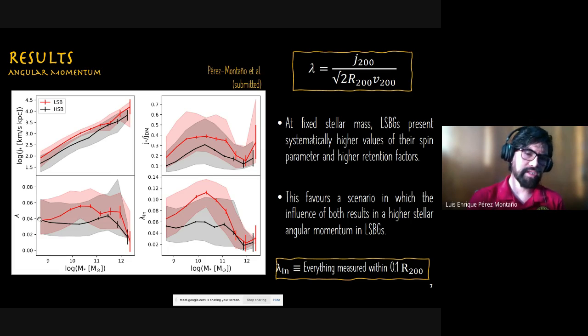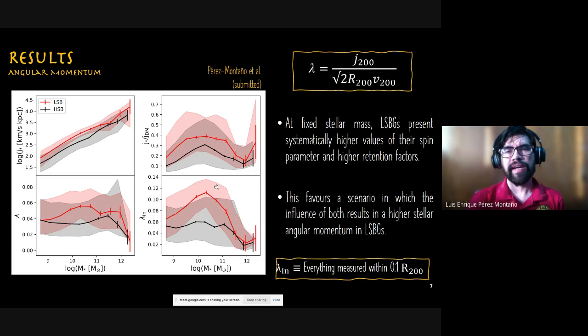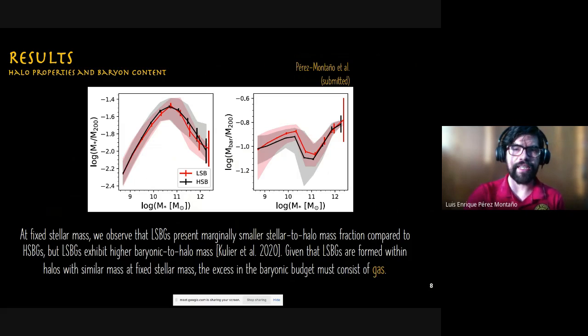So this behavior is consistent not only with observational studies, but also with some theoretical works, and we see that the retention fraction of LSBGs is higher, not because of their nature of being LSBs, but is mainly related with the morphology of these galaxies.